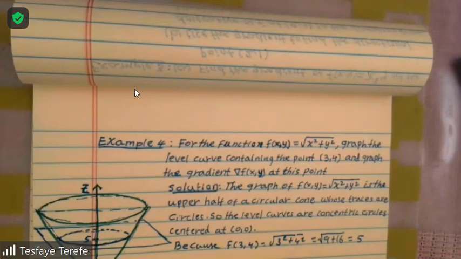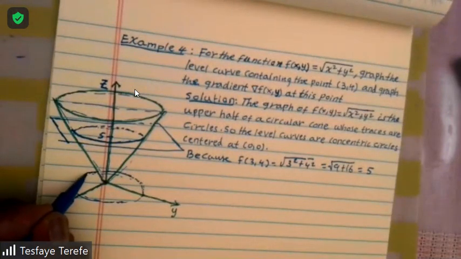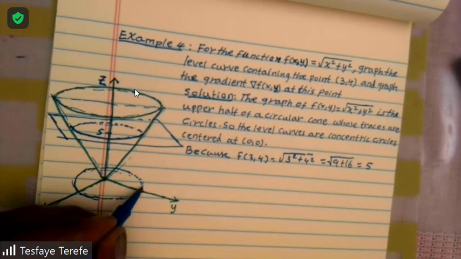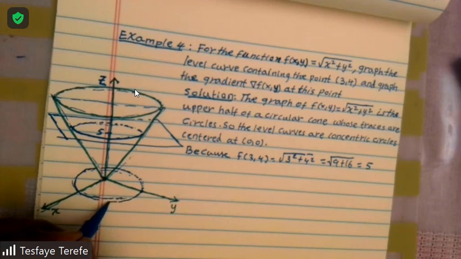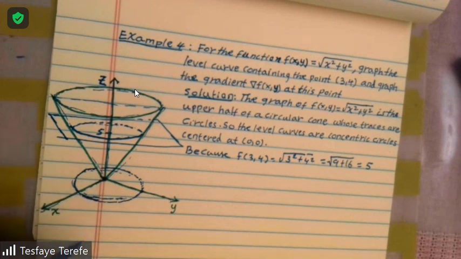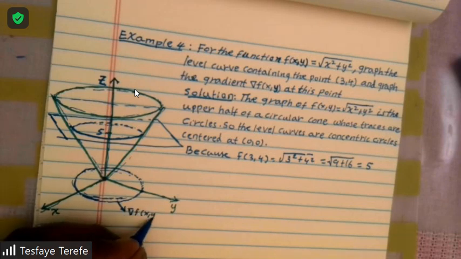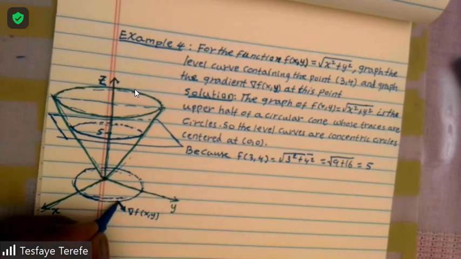Could you move the paper down a bit, please? Okay. If you project it, then what happens? It will be a circle centered at the origin, having radius 5. That is what is really happening. And then what will be the gradient? The gradient is coming out this way. That means del of f of x, y in the direction. Now, what will be the rate of change?